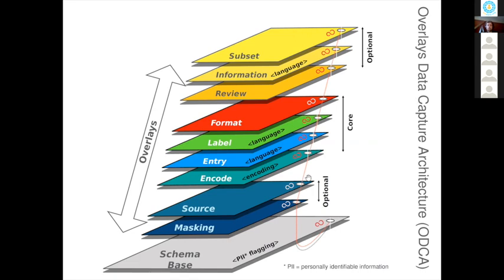This is basically a concept of a data structure which allows you to decouple a base context and preserve that context within the schema base, where the most important information is kept, and everything else is stripped out into something which we call overlays.